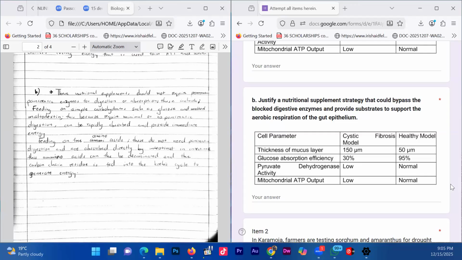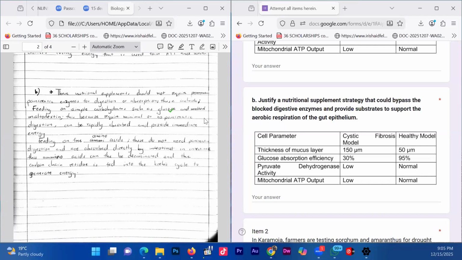So the nutrition supplement should not require pancreatic enzymes for digestion or absorption. These include feeding on simple carbohydrates, such as glucose.